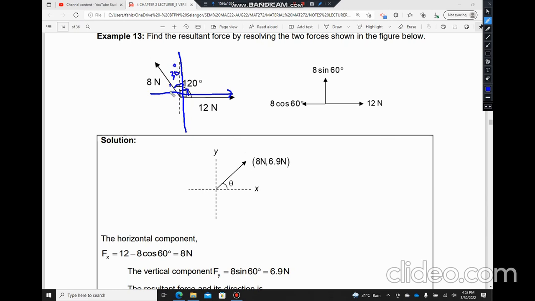So bila kat sini 30 degree, kat sini akan automatic dapat 60 degree. So untuk 8 Newton ni, since dia ada sudut, so dia akan ada dua ni lah, 8 cos 60 and 8 sin 60. Sebab dia ada paksi X, Fx and Fy. Okay, then untuk 12 Newton dia cuma ada satu sebab dia just parallel dengan X axis.